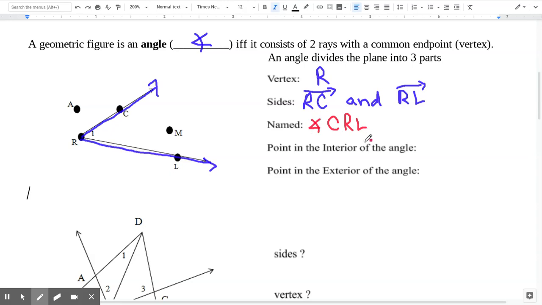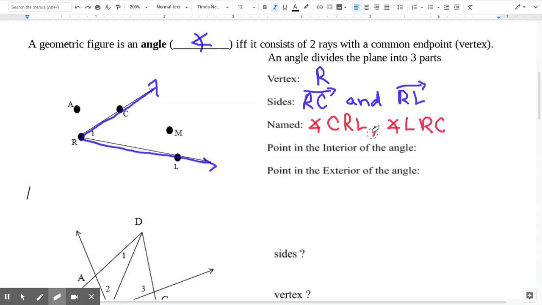Now you might also notice we could go in the opposite order. We could start at L, go to R, and then through C, and we are tracing out the same sides. Start at L, go through R, and then through C. Once again, you are tracing the sides of the angle. So that is another valid way to name this. So using 3 letters is pretty common.